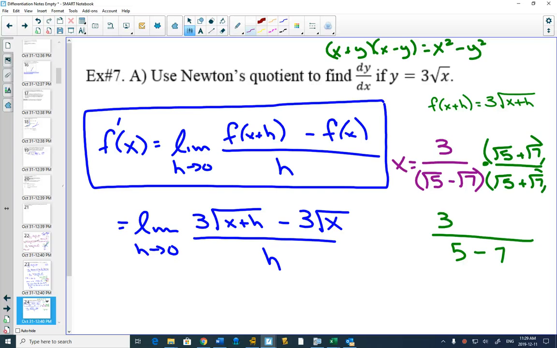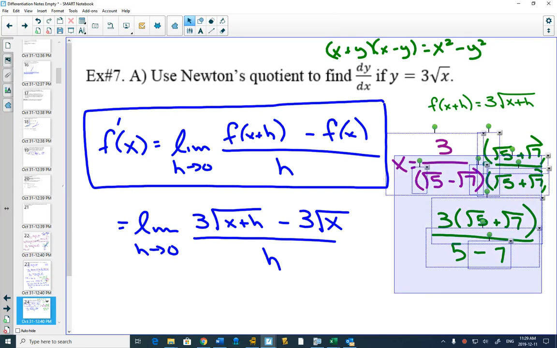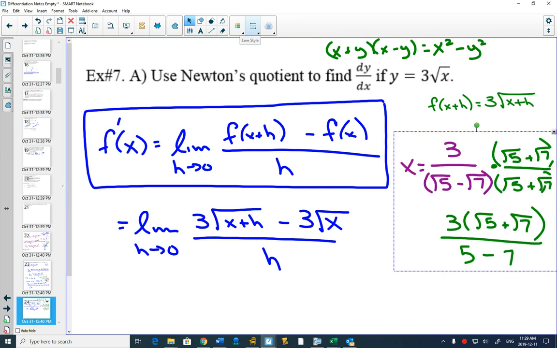Now the top has 3 root 5 minus 3 times root 5 plus root 7. So now we have square roots on the top, but on the bottom, things nicely go away. Using the idea of differences of squares, you can get rid of square roots. That's a connection back to when you were in grade 10, right?